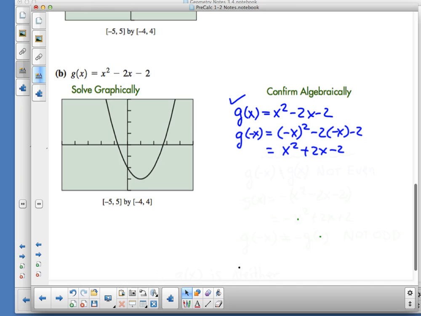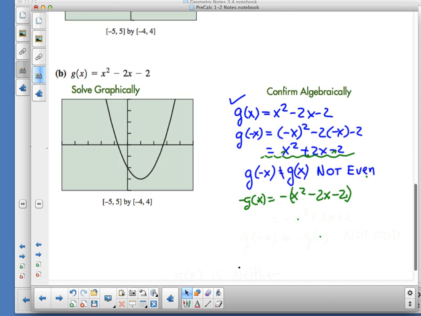If you're looking at odd, when you put the opposite of x into f of x, you should get the opposite of whatever f of x is. That means all the signs will change. If a little bit of both changes, the function's neither. So as we looked at this, it's not even, right? And if I just checked the odd side of the function, it's not going to be odd either.